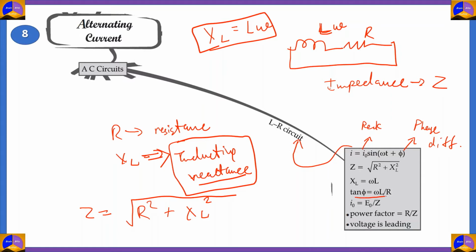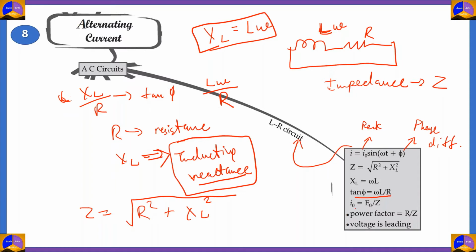Now over here, tan phi is the ratio between XL and R. So that's the tan ratio of the phase difference, phi. So tan phi is equal to L omega, which is the value of XL, divided by R, which is the resistance.